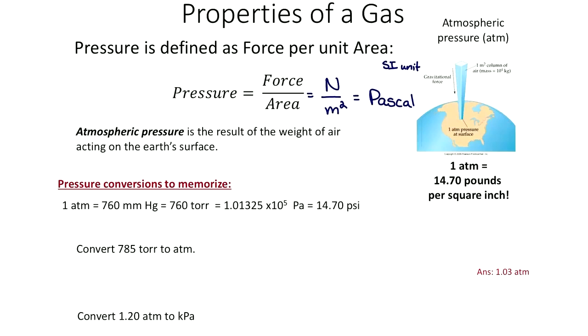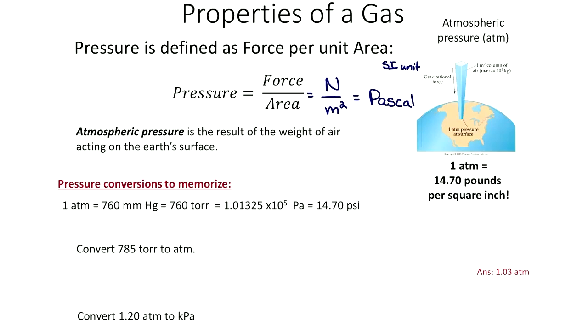Where atmospheric pressure comes from is the air around us. Most of us think of air as being very light. We walk through it, it's not something we really notice. But if you take a column of air above your head and go all the way to the stratosphere, and you collect all of the gas particles, the nitrogen, the oxygen, the CO2, all of it, and you put it all in a bowl and weigh it, it would be about 15 pounds.